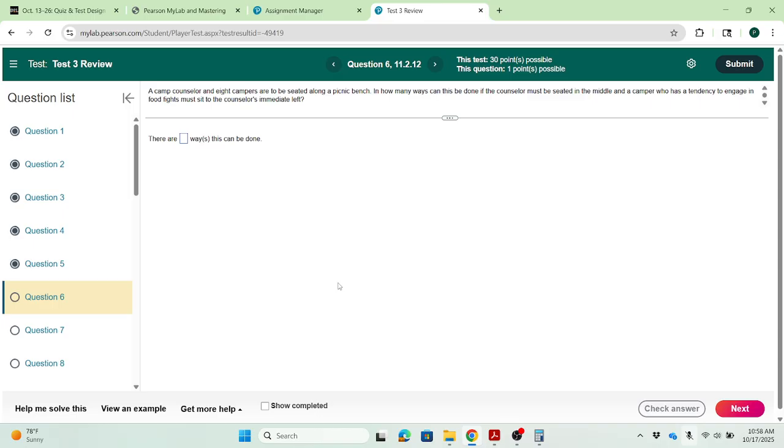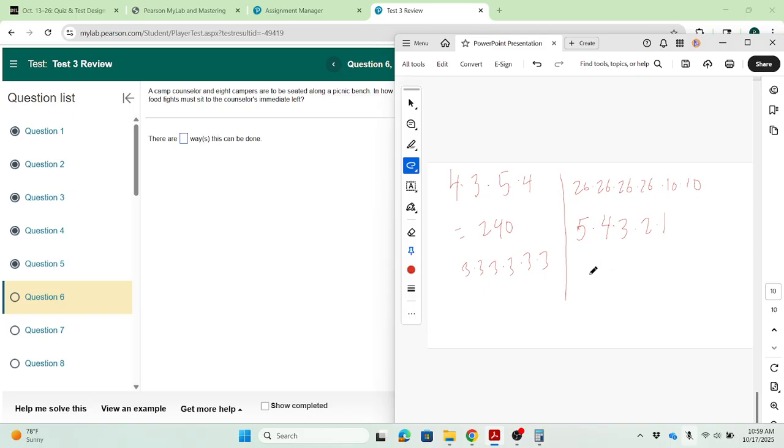A camp counselor and 8 campers are to be seated along a picnic bench. In how many ways can this be done if the counselor must be seated in the middle, and the camper who has a tendency to engage in foot fights must sit at the counselor's immediate left? There are 8 campers and one counselor. The counselor is in the middle, 4 sit on the left side, 4 on the right side, and one person has to be on the immediate left of the counselor.